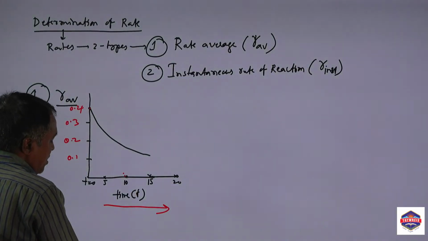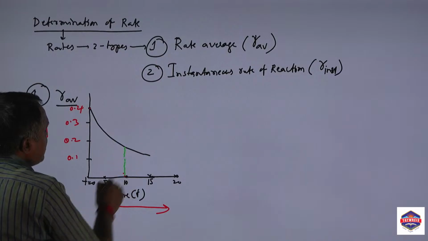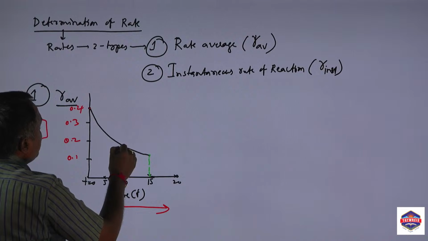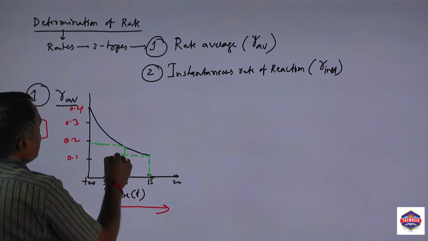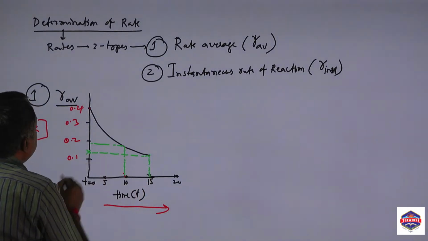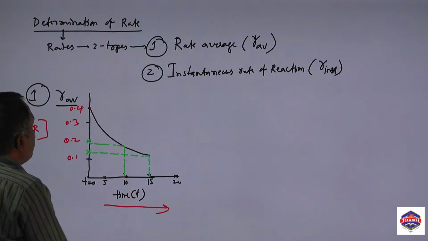Therefore, for this, this is at 10 minutes, this is at 15 minutes, and this is the slope. At 10 minutes the concentration of the reactant is 0.2.